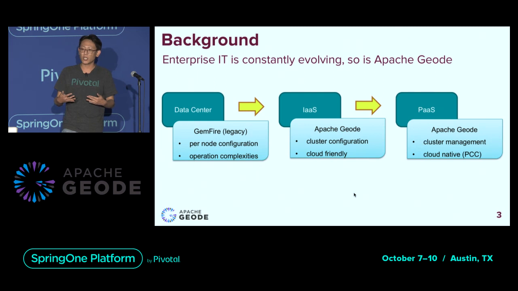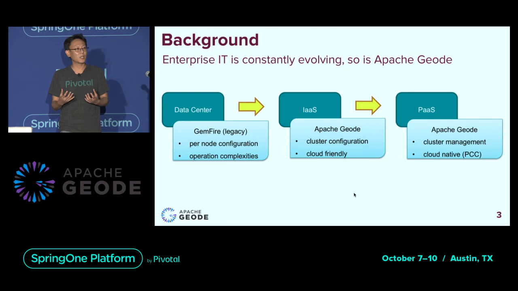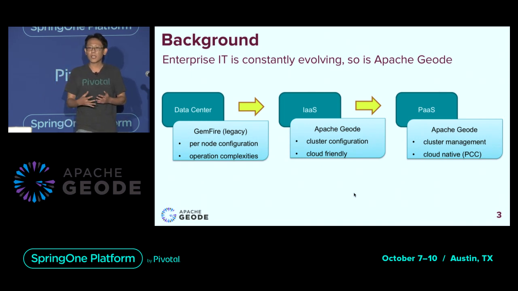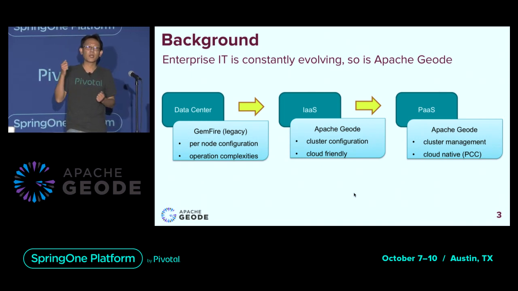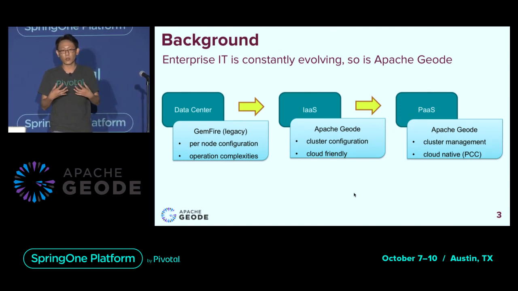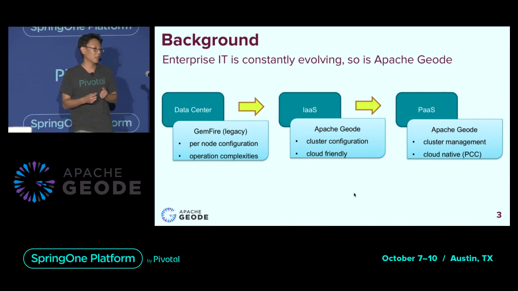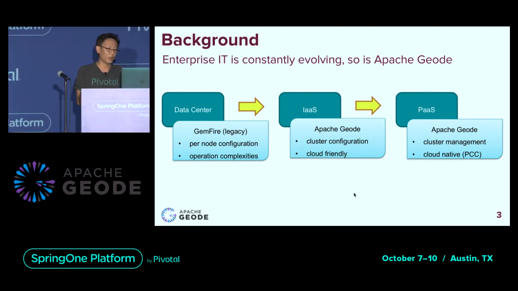You can apply the change to the entire cluster through CI/CD or command line friendly tools, and make a cluster change without the need of restarting your cluster or your server nodes. This gives developers and operators a lot of benefit, in the sense that if you have a huge cluster and you have to make a change, such as creating regions or making a change to an index, you don't have to make an XML change and restart your nodes, which can be very cumbersome and a lot of overhead.